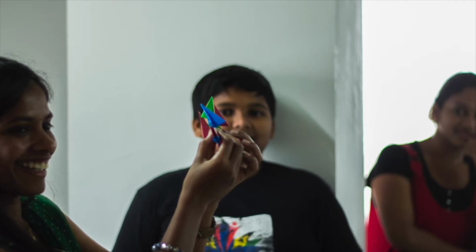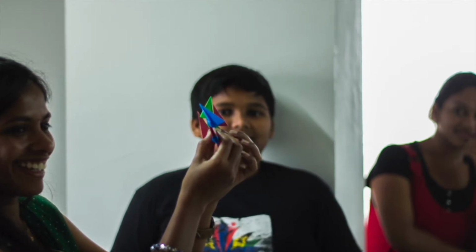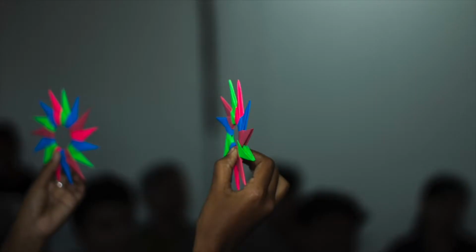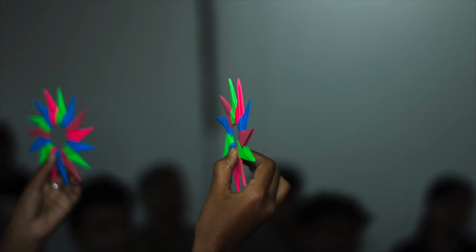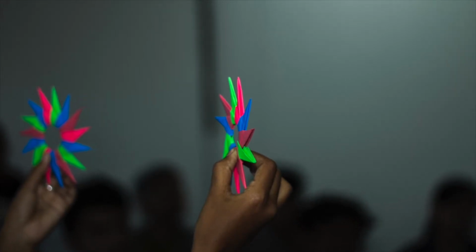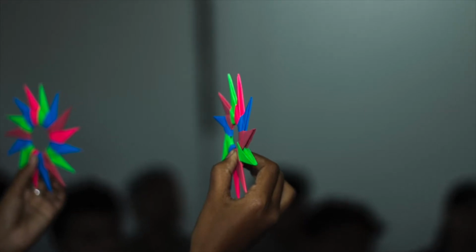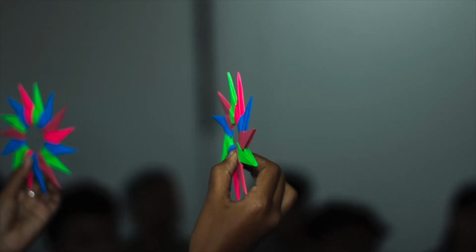Similarly, it can be overwhelming to understand that there are many types of quadrilaterals and how each varies from the other. But if a child is able to work with their hands, make their own triangles and their own quadrilaterals, the child is able to learn better.